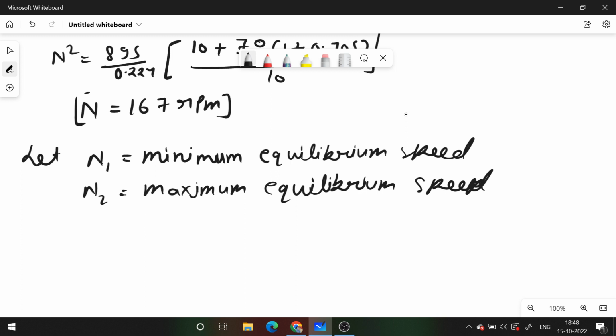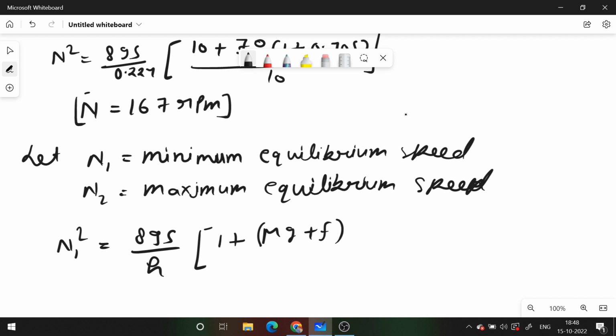In that case minimum equilibrium speed will be given by N1 square is equal to 895 upon h, 1 plus capital Mg minus f upon 2 mg, 1 plus k. Okay.